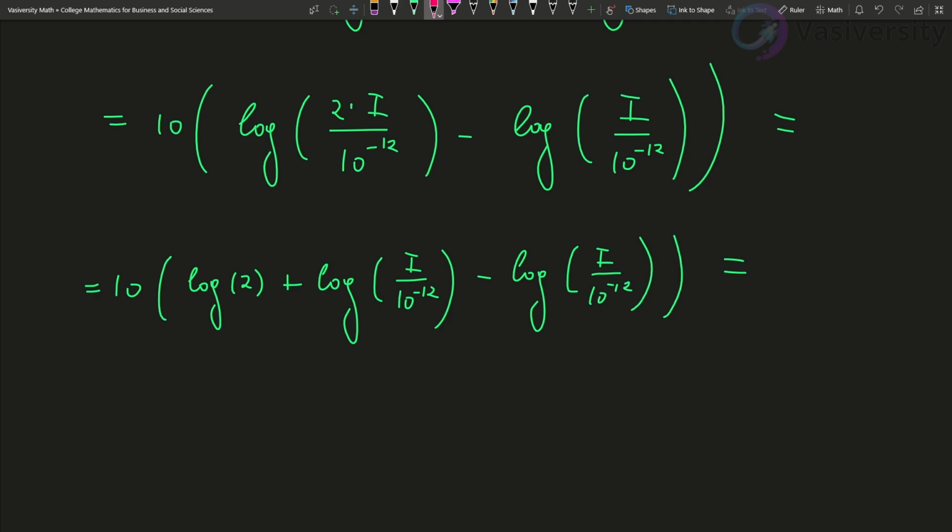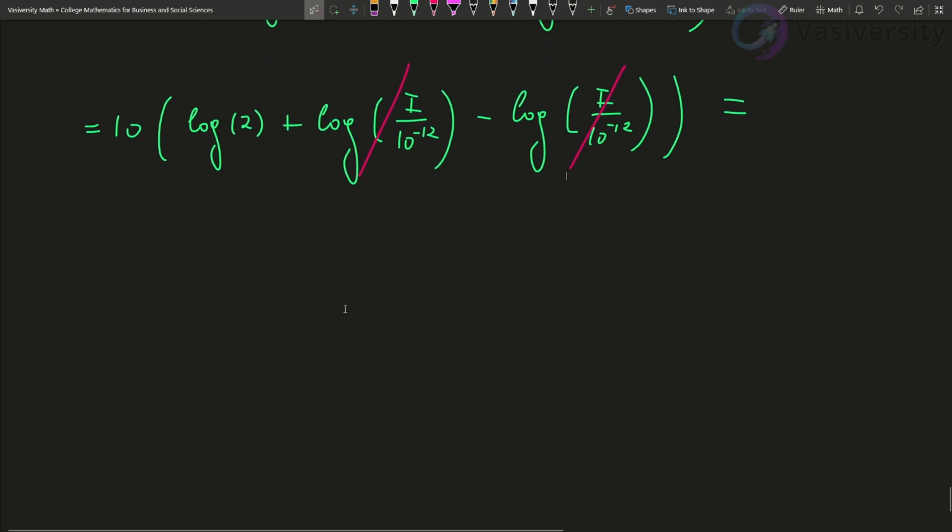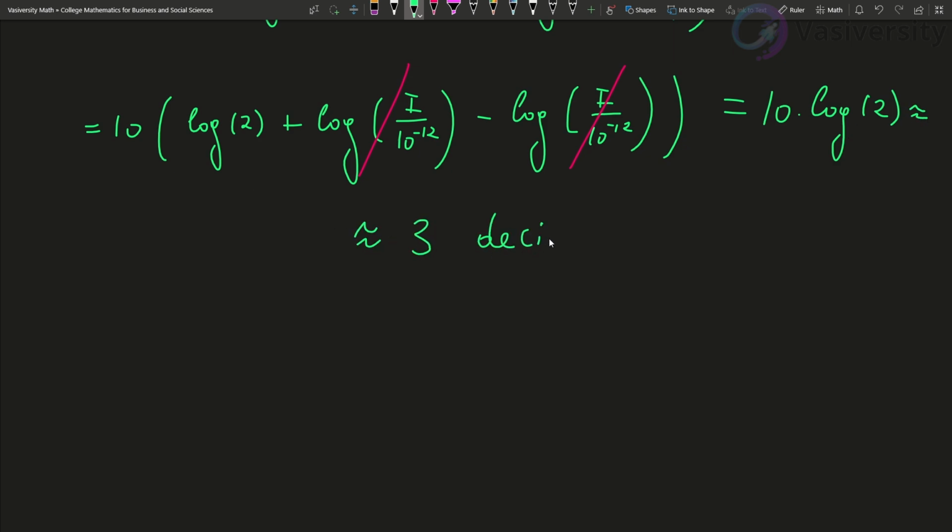Clearly, these two are going to cancel out, and we're left with just the logarithm base 10 of 2 multiplied by 10. So we're left with 10 times logarithm of 2, which if we calculate, is going to give us 3 decibels. So the music is going to be about 3 decibels louder when both of the soundbars are combined together.